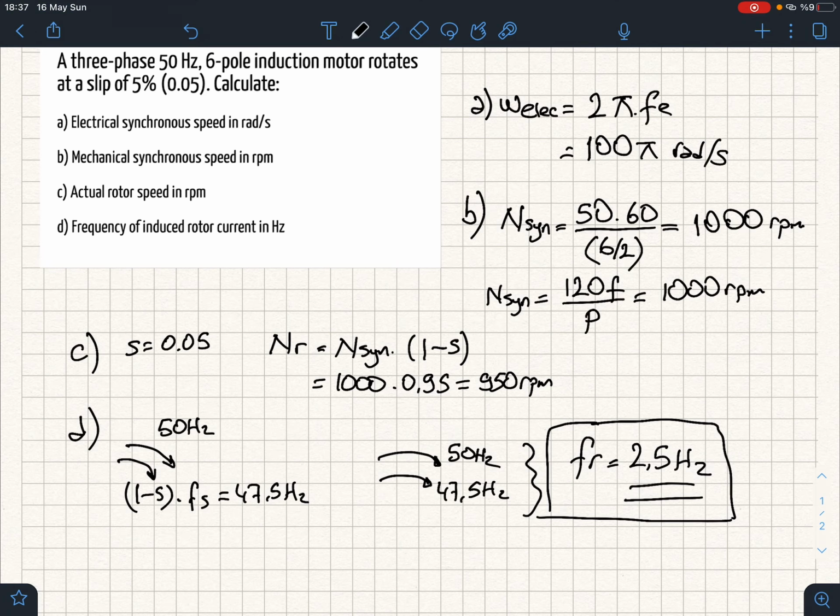The stator is excited by 50 hertz, and it is a 6-pole machine, so mechanically the rotor is rotating at 950 rpm. If you connect an oscilloscope to the rotor bars, you will see an AC signal at not 50 hertz, not 47.5 hertz, but the difference between these two, so you will see some current at 2.5 hertz.